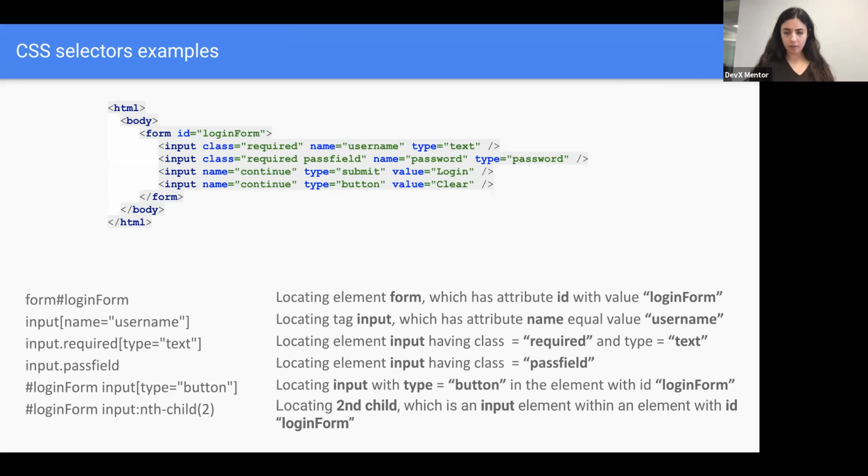Okay, I think I wrote too much element. Second child with an input with ID login form. So the ID login form and second child is this one.